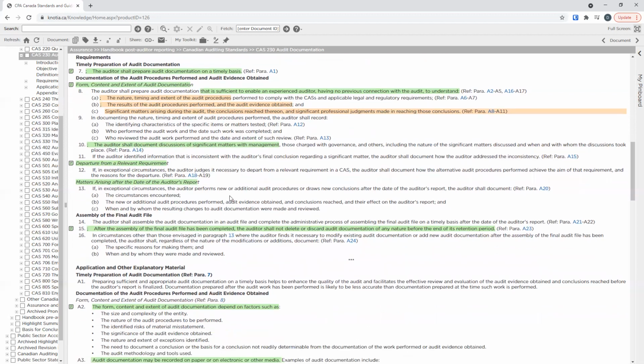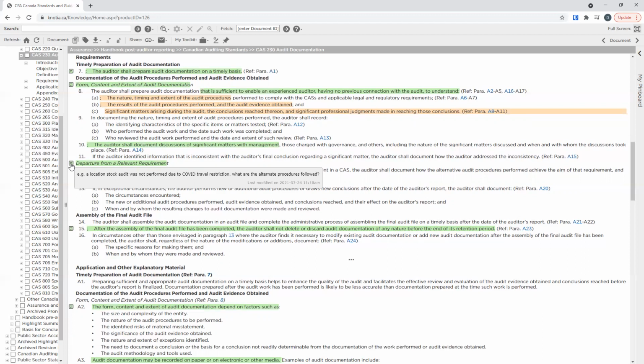Then, if there is any departure from the relevant requirements. I have given an example: last year, due to COVID, all the travel restrictions were there, so in some cases the location stock audit was not performed. If it's not material, then it doesn't matter that much.